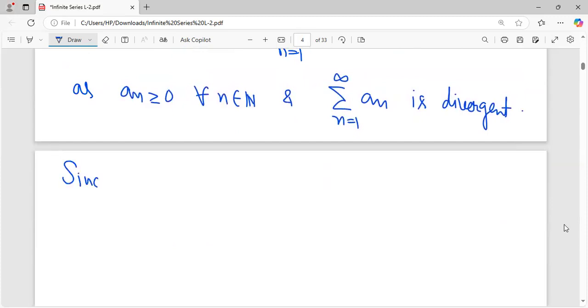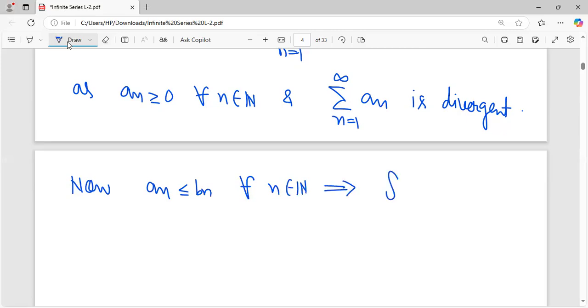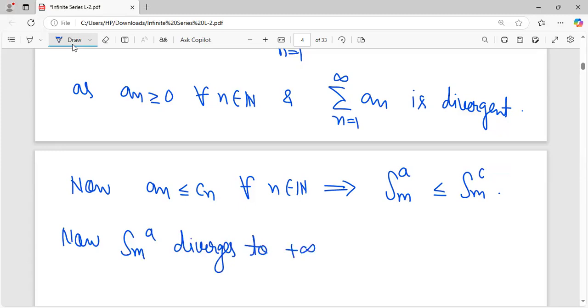Since now an is less than cn for all n belongs to N, this implies S_m^A is less than S_m^C. Now S_m^A diverges to plus infinity and S_m^A is less than S_m^C.